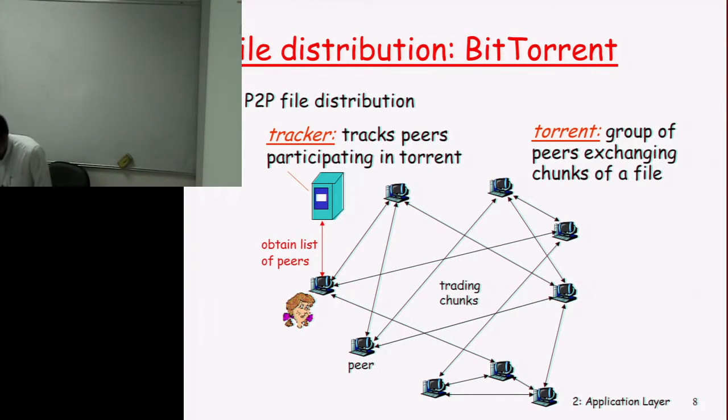Now here, tracker and torrent. The tracker is basically a computer which tracks the peers' activities, the peers which are participating in the torrent. So these are all the peers, and this is the tracker. Whenever a new peer joins the torrent, it will obtain a list of the peers from the tracker, because it has to communicate with the peers.